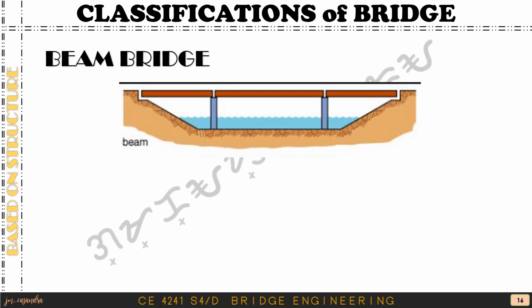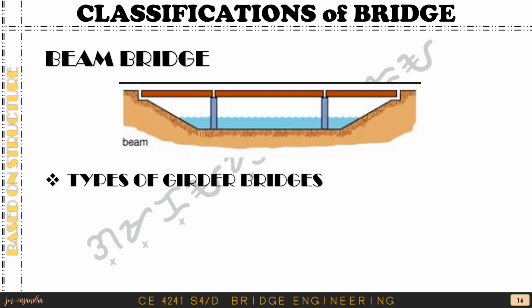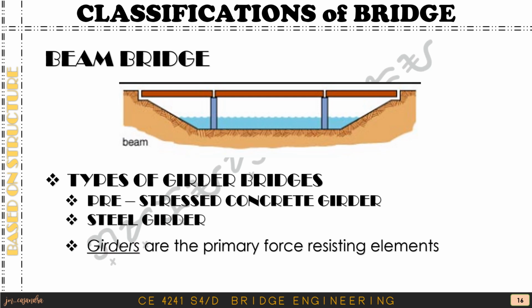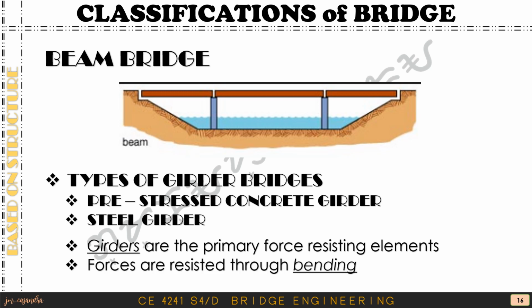So we have here an example of a beam bridge. We have two types of girder or beam bridges. First one is a pre-stressed concrete girder, a steel girder, wherein the girders, or your beams, would be the primary force-resisting elements.